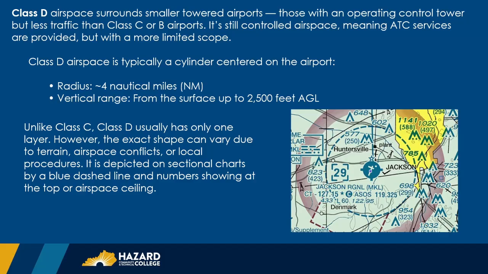Unlike Class C, Class D usually has only one layer. However, the exact shape can vary due to terrain, airspace conflicts, or local procedures. It is depicted on the sectional charts by a blue dashed line and numbers showing the top of the airspace, or airspace ceiling.